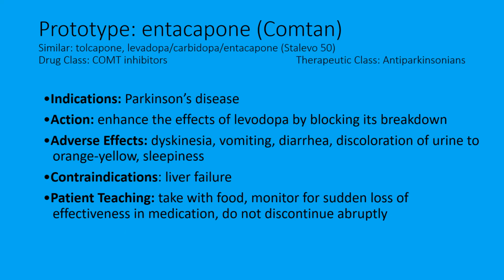This next medication, entacapone, I think just referring back to that slide that showed the different areas where drugs can work for Parkinson's will help you. This inhibits the enzyme that breaks down levodopa. So by inhibiting that enzyme from breaking down levodopa, it allows increased levels of levodopa, which will then lead to increased levels of dopamine.